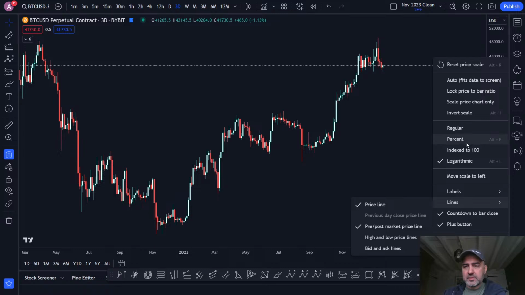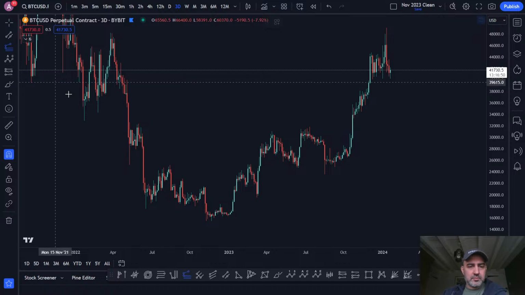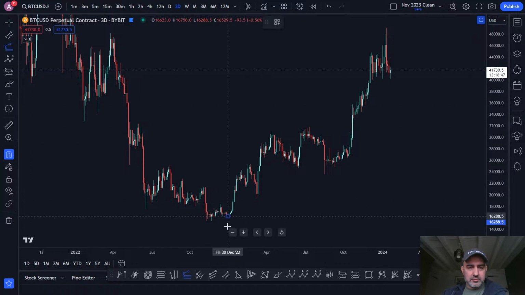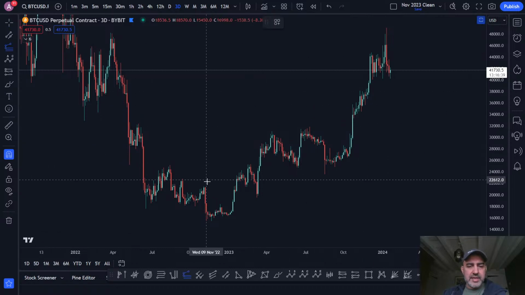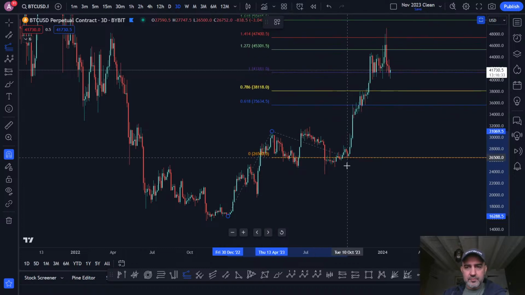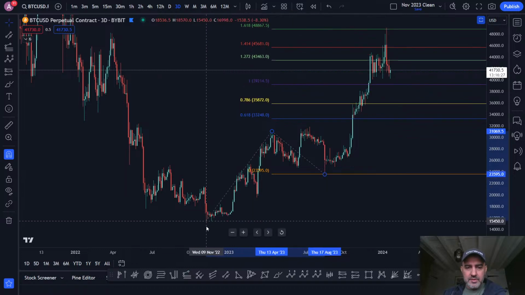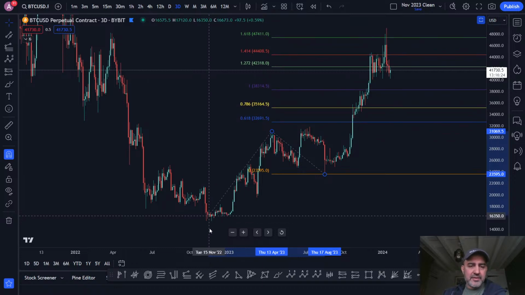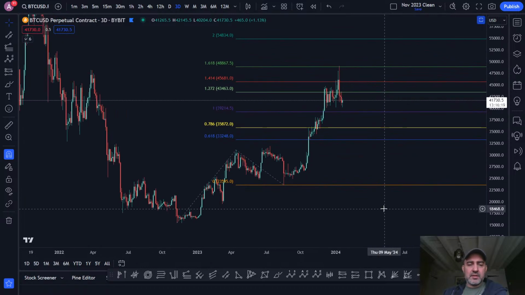Put it back on price. One, two, three, four. Okay. So based on this, did he start there? Yeah, he started all the way down here at the lows. I liked his idea actually. So it's good to take ideas.